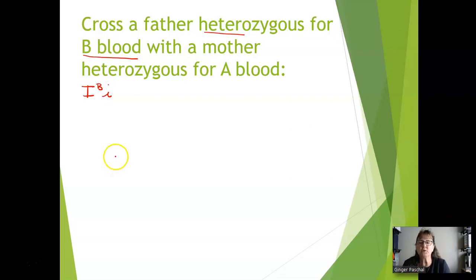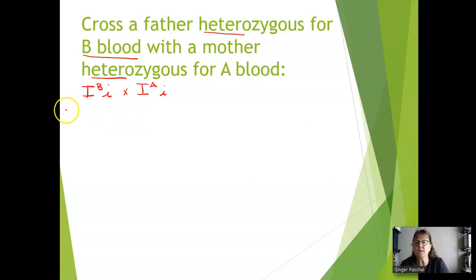We know this individual has a second letter that is a lowercase i. We have a mother that is heterozygous for A, so she would have to have an I superscript A. That's what gives her the type A blood type. And her second letter would be a lowercase i because she is heterozygous. So we're going to cross these individuals.